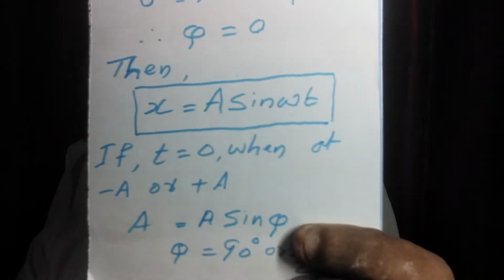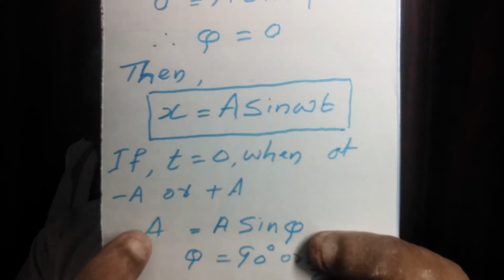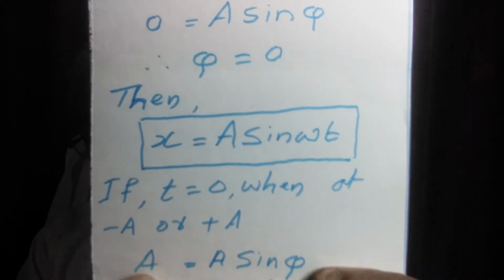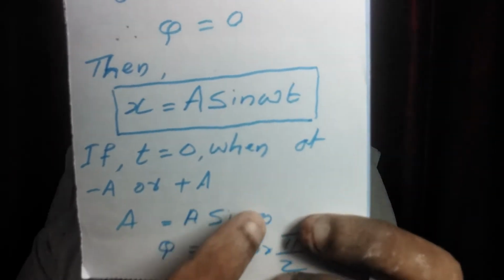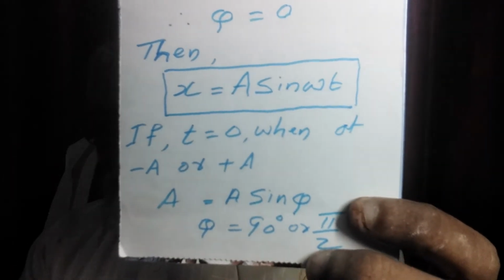Omega t is now 0. Put a in the place of x. So a equals a sine phi, or sine phi equals 1. That means phi equals 90 degree. Now the displacement equation becomes x equals a sine omega t plus 90. That is cos omega t.